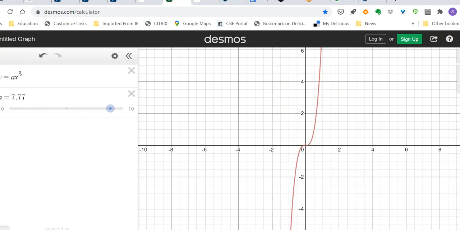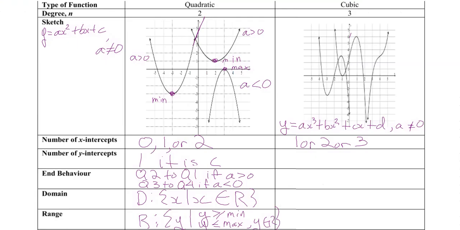And it's Q2 to Q4 if what? Less than 0. Does that look like anything else on that page? Looks like a linear. So end behavior: Q3 to Q1 if a is greater than 0. Q2 to Q4 if a is less than 0.